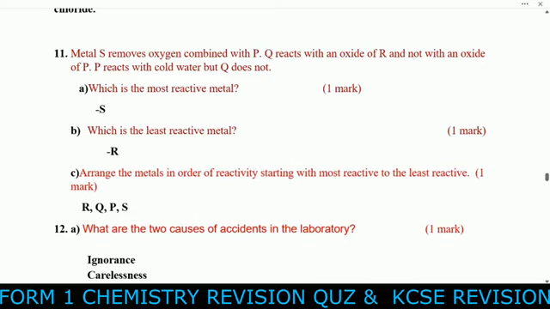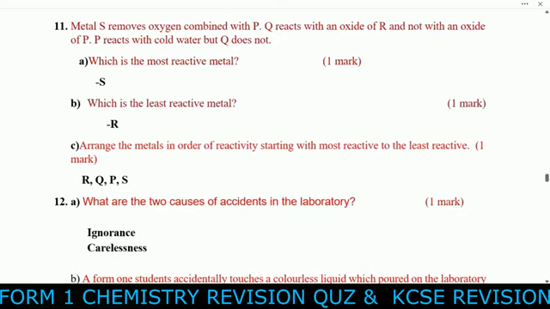Which is the most reactive metal? That one is S. Which is the least reactive metal? That is R. Arrange the metals in order of reactivity, starting with the most reactive to the least reactive. So arranging them according to order of reactivity: S, P, Q, R. Number 12.